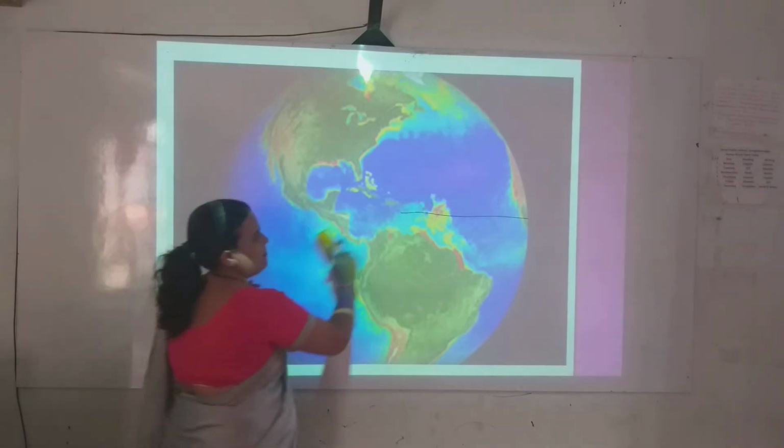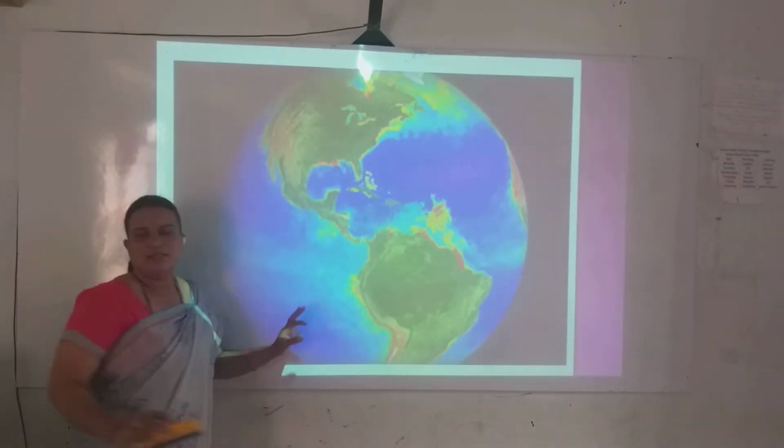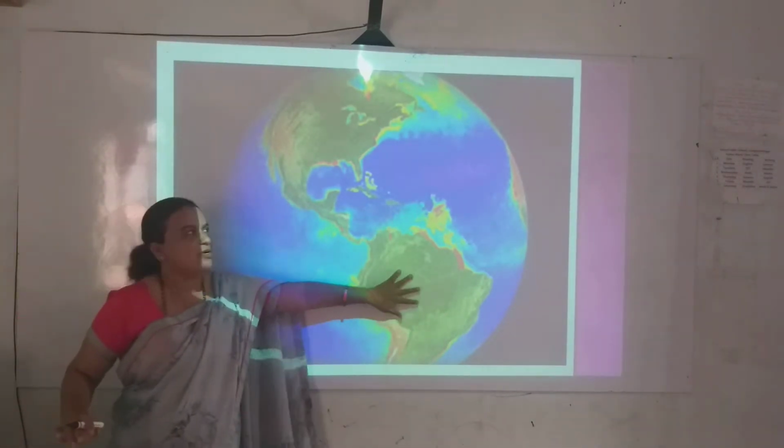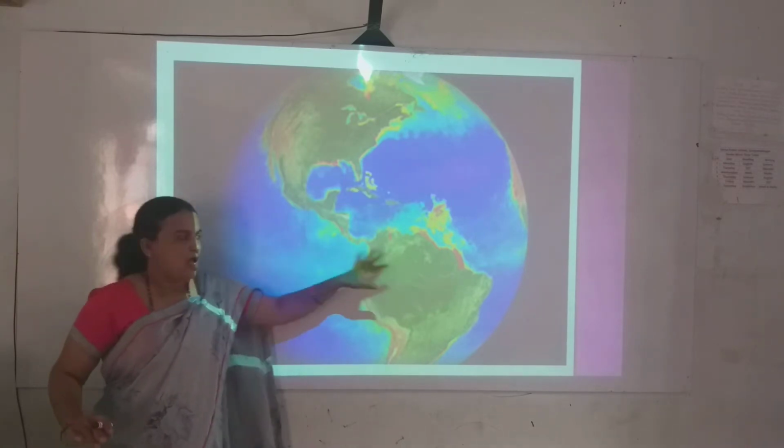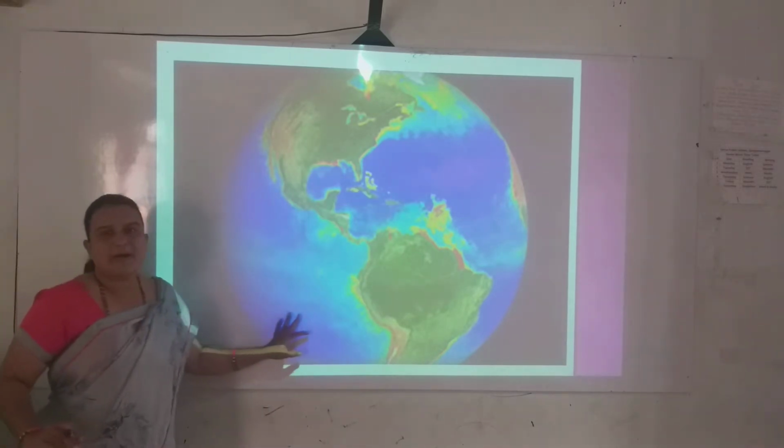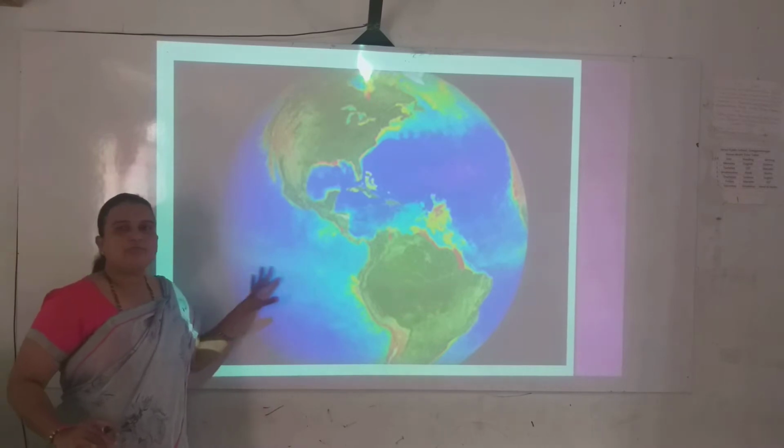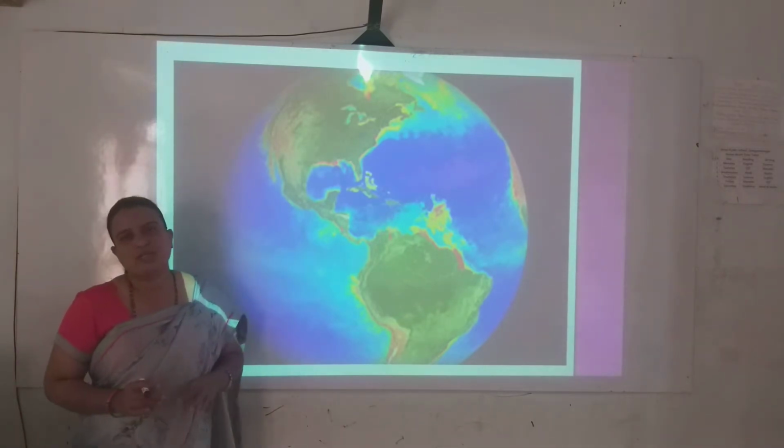Now this is the planet Earth. You can see the greenish part. It is called the continental mass. And this is the portion which is covered by the ocean and the floor of the ocean, that is called the oceanic crust.